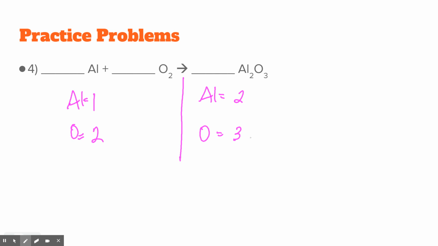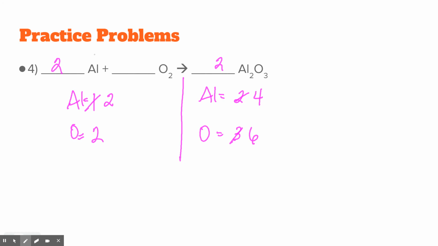So I could start with my aluminum, but that only gets me aluminum. My oxygens are still unbalanced, and one's 2 and one's 3. So again, what's the lowest thing that they can both go into? 6. So over here, I'm going to multiply by 2. That's going to change my aluminums to 4, my oxygens to 6.